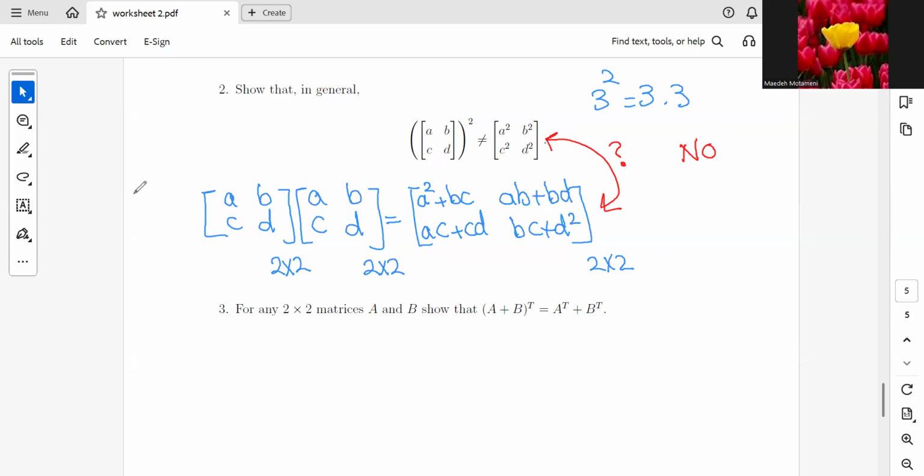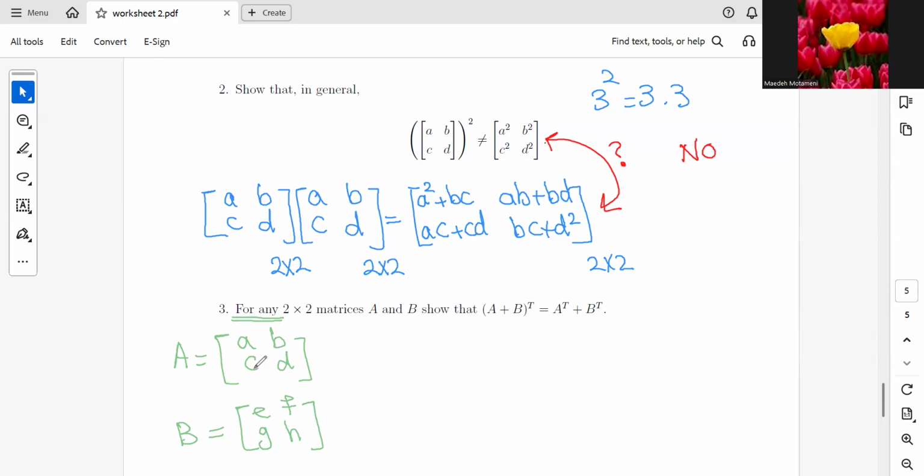Number 3, for any 2 by 2 matrices A and B, show that A plus B transpose is equal to A transpose plus B transpose. Since it says for any matrix, let's say A is A, B, C, D, and B is E, F, G, H. You can use any letters, but you cannot use numbers because it says for any.